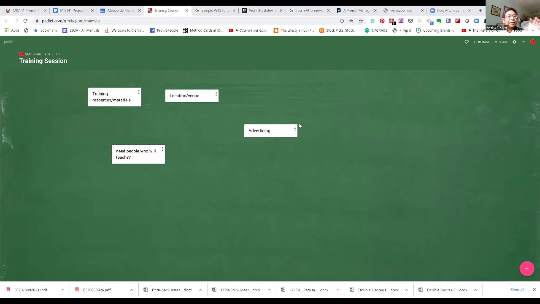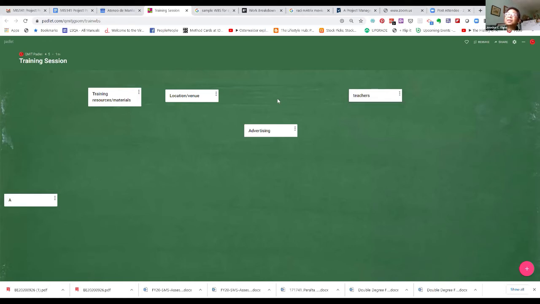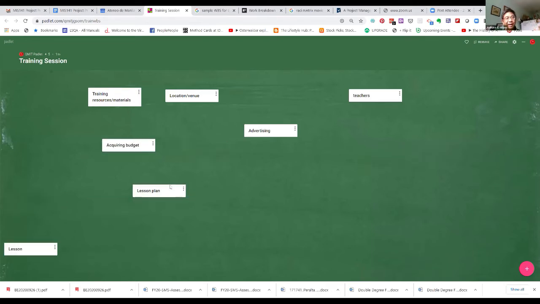So resource, in a sense, if that is separate from training resource and materials, and I think the definition of training resources here would be the manuals, the computer. Pag hindi kasama teachers there, then yes, separate itong teachers na yan. Okay, here's one recommendation that I have. Lesson plan. Very, yun, dumadami na lahat.